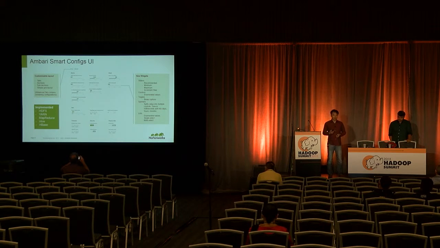We might add other controls in the future based on what people need. Smart configs right now is already implemented for HDFS, Yarn, MapReduce, Hive, and HBase. And we plan to make other services available in the smart configuration format as well.